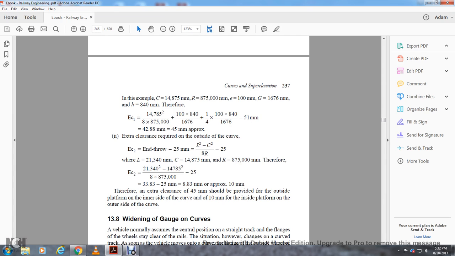Therefore, EC2 is equal to 21,340 squared minus 14,785 squared, divided by 8 times 875,000, minus 25, equaling 33.8325 millimeters minus 25 millimeters, which is 8.83 millimeters, approximately 10 millimeters. Therefore, extra clearance of 45 millimeters should be provided on the inside platform, on the inner side of the curve, and 10 millimeters on the outside platform, on the outside of the curve.